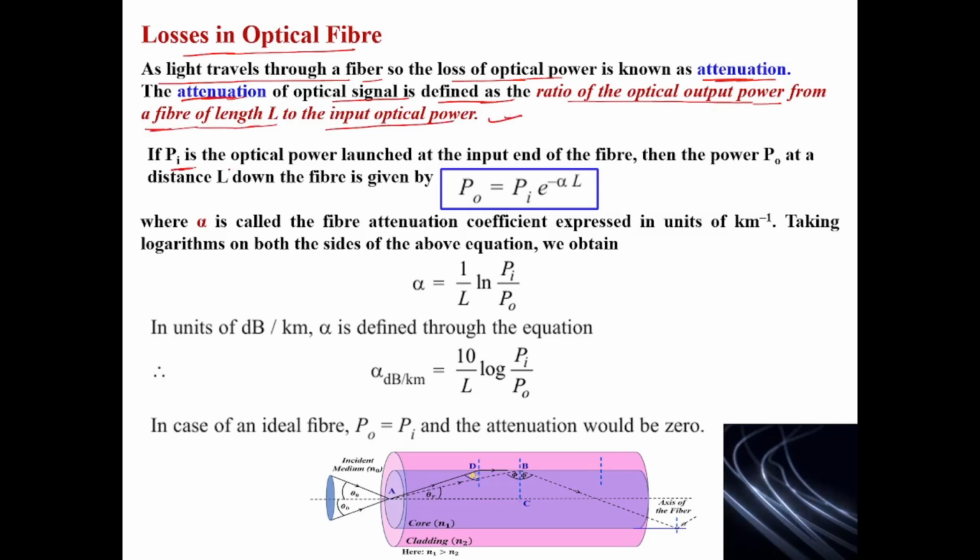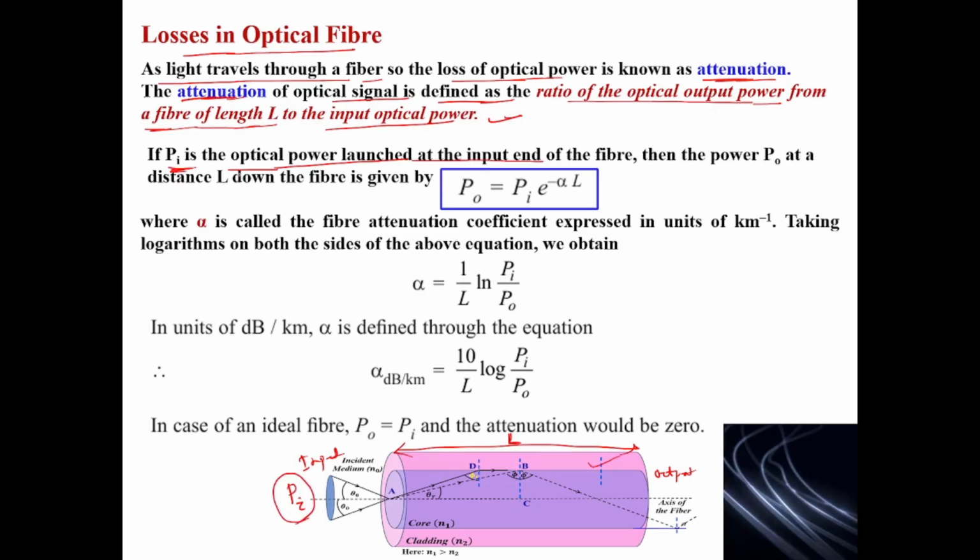Let Pi be the optical power launched at the input end. Suppose this is your input end and this is your output end of the optical fiber, whose length is capital L. From this side, we launch the light source or signal with power Pi.